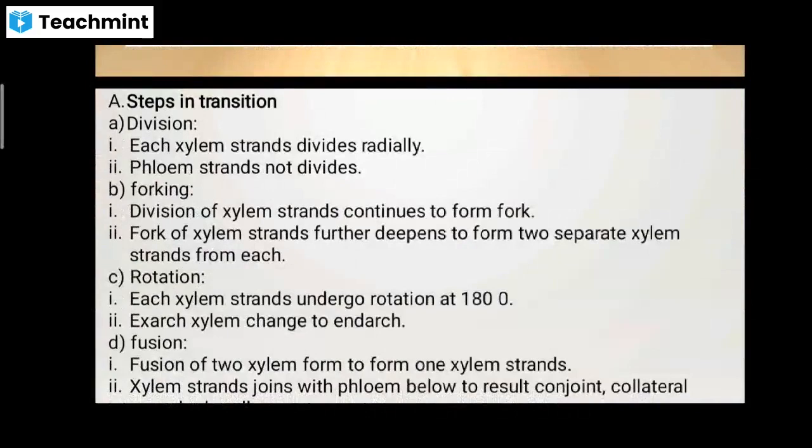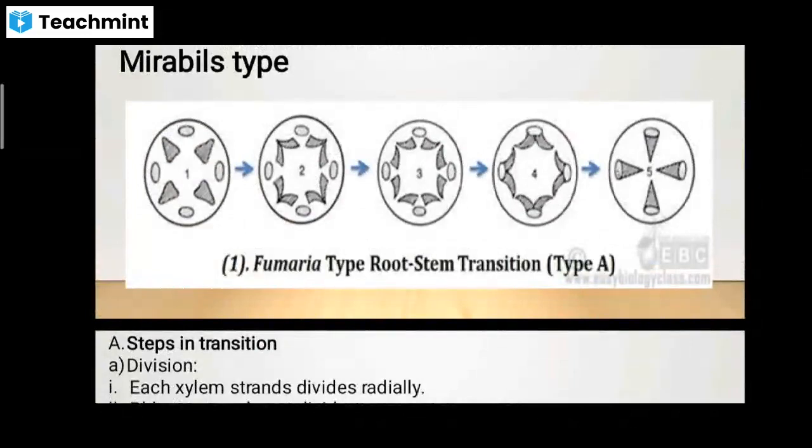Here, each xylem strand undergoes rotation of 180 degrees, and the exarch xylem changes into the endarch xylem. In the fourth figure, these xylem strands rotate through 180 degrees. Because they rotate 180 degrees, the exact condition of the xylem becomes directly opposite, and the condition changes to endarch xylem due to the rotation.